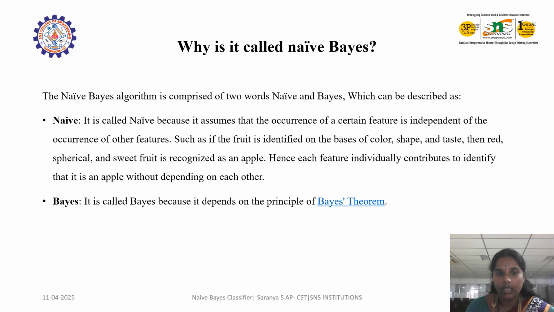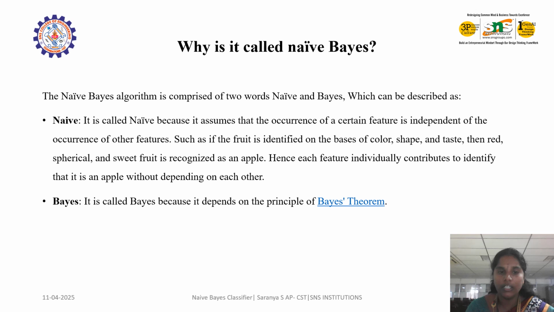For example, if a fruit is identified on the basis of color, shape and taste, then a red and sweet fruit is recognized as an apple. Hence, each feature individually contributes to identifying that it is an apple, without depending on each other.